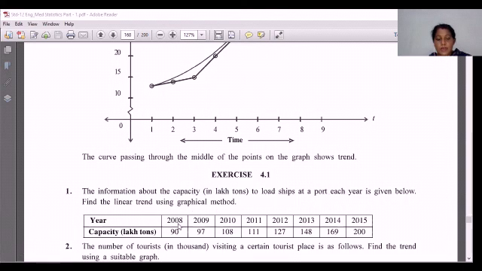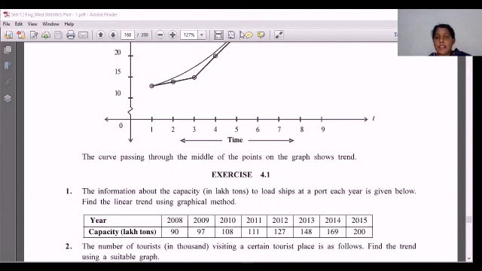Now the years are given 2008, 9, 10, 11 to 2015, and capacity in tons, that is 90, 97, 108, 111, 127, 148, 169 and so on. So here we will take T, right? T will be 1, 2, 3, 4, 5, 6, 7, 8, 1 to 8. Now this column is called Yt. Yt will be the same as what is given in the question, right?